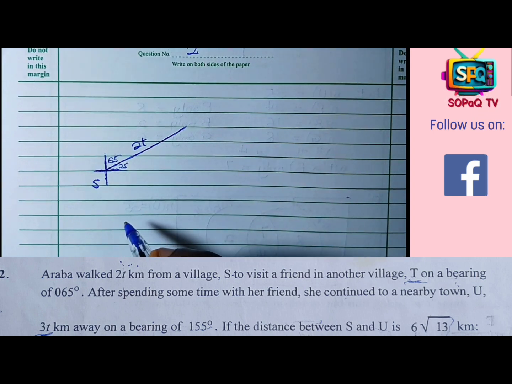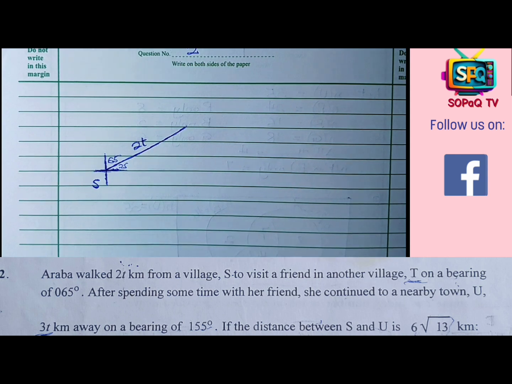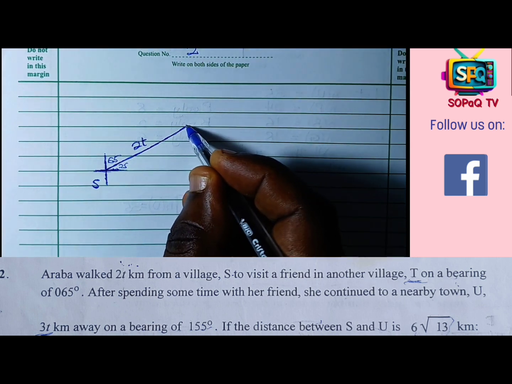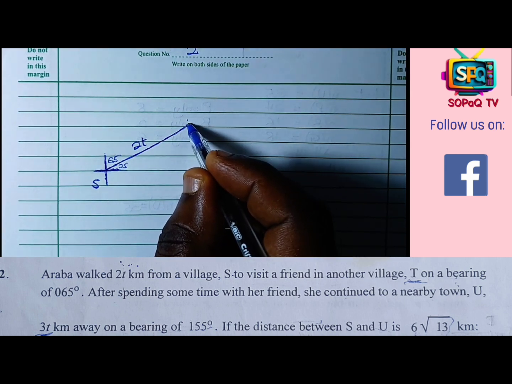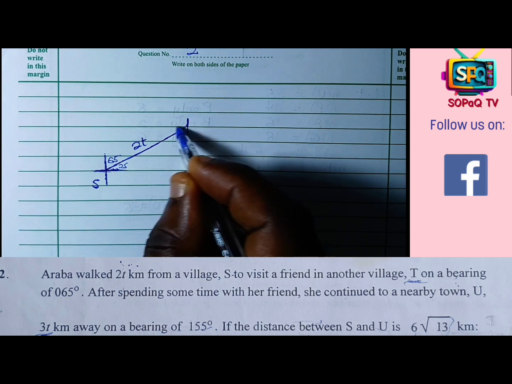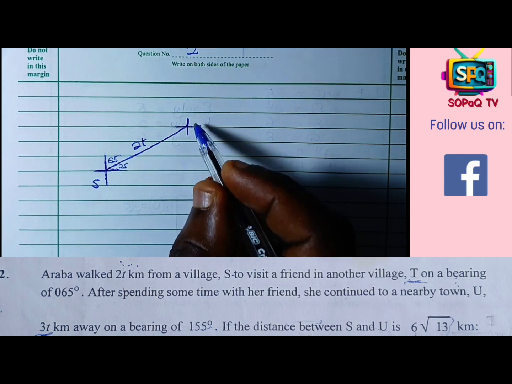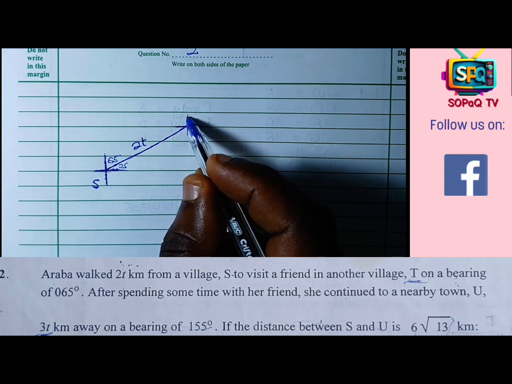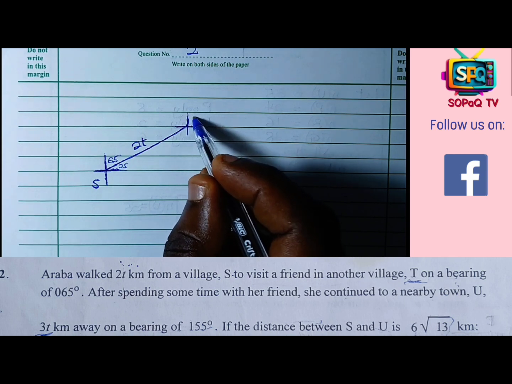And after spending some time with her, she continued to another town U, 3 kilometers on the bearing of 155. So Araba is now here. She is continuing another journey on the bearing of 155. 155 is also in the second quadrant, reading from the north, 0 through 2.